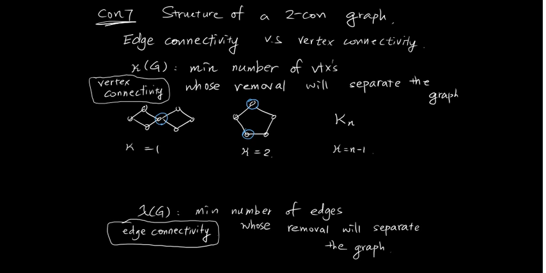So for example, the one we had before, the two cycles on the left hand side, right? Previously, we can just take out one vertex. But if I ask you how many edges to break this graph, then you need to use at least 2 edges. You can use something like this.